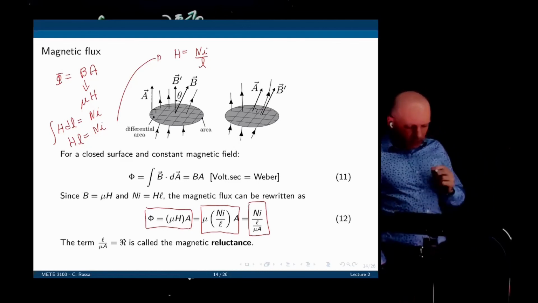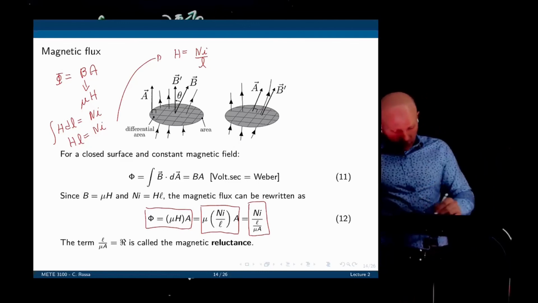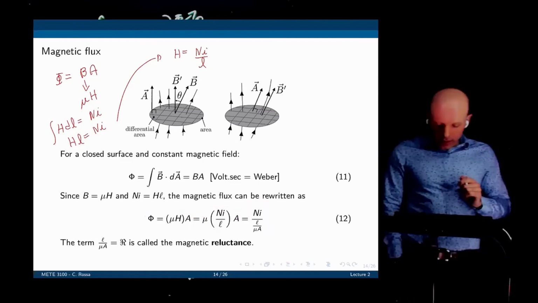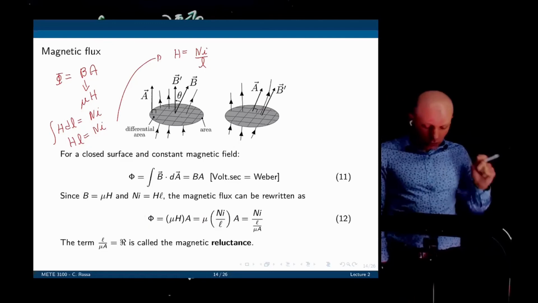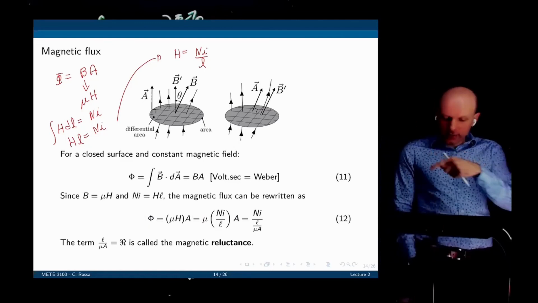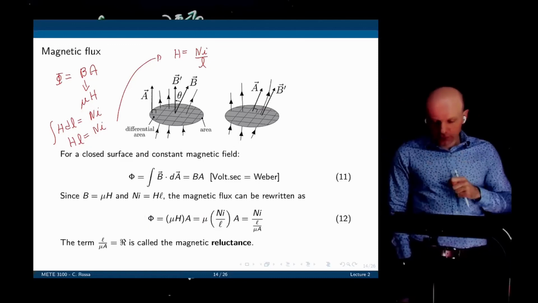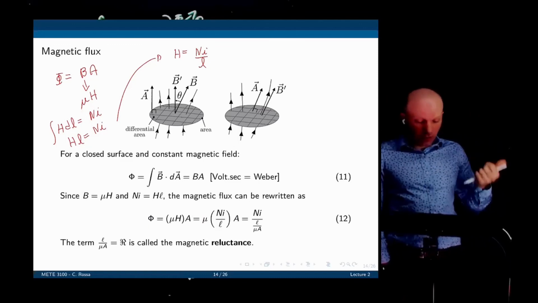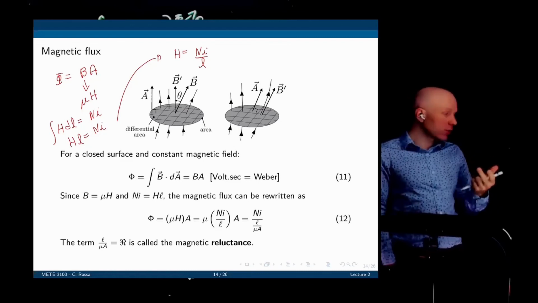So the magnetic flux depends on Ni divided by L over mu A. L is the length of the path it goes through, mu is the permeability of that medium, and A is the cross-sectional area.